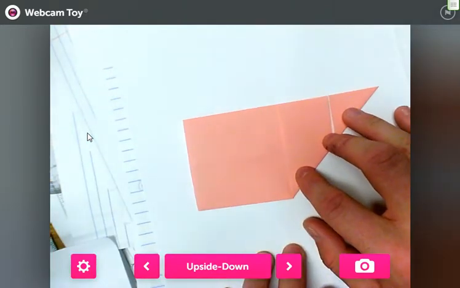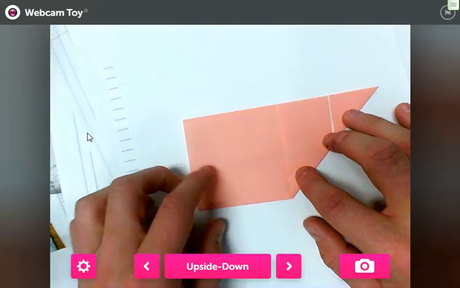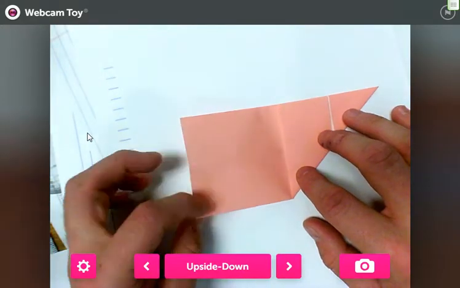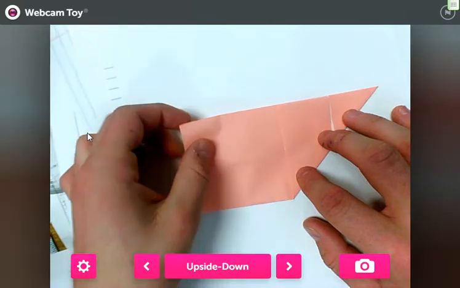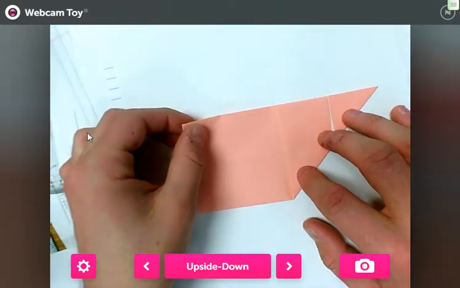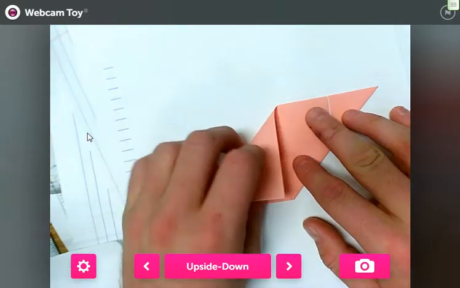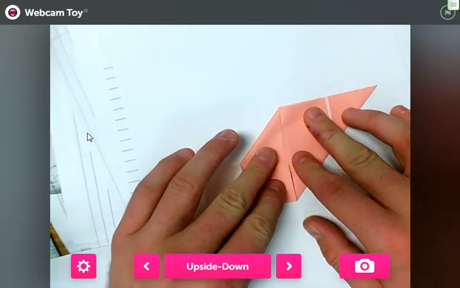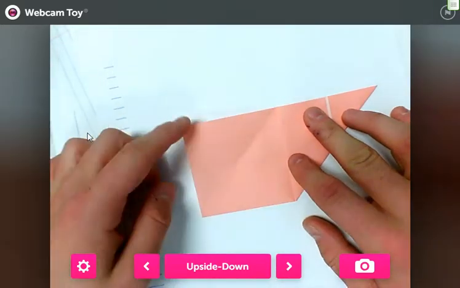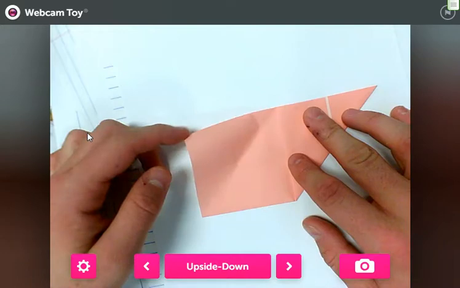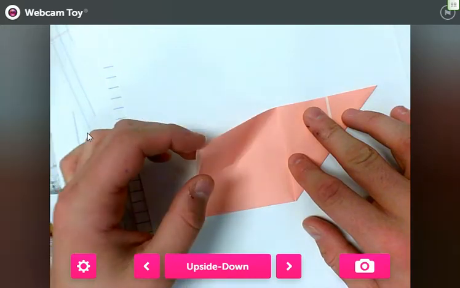Once we've done this step, we're going to take our top left corner and fold it down.